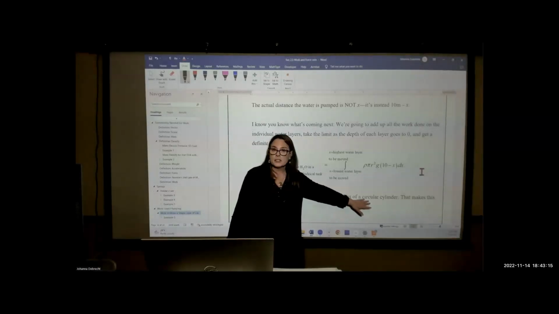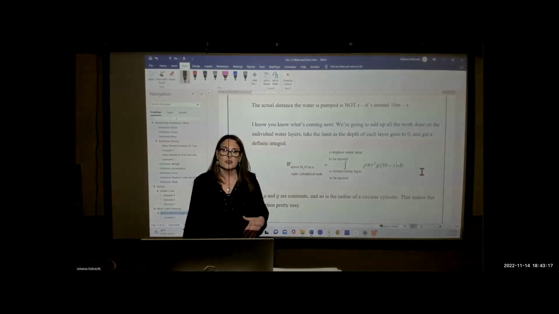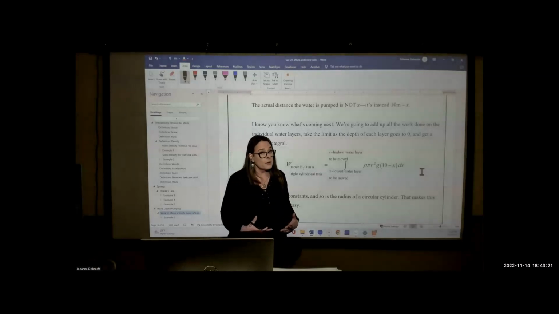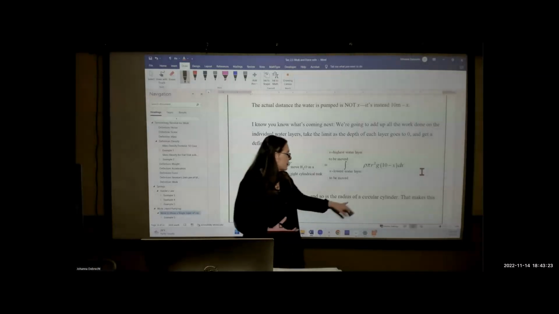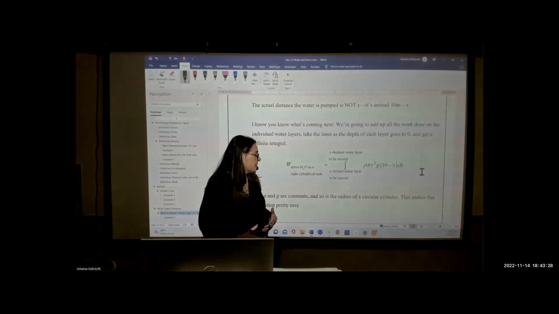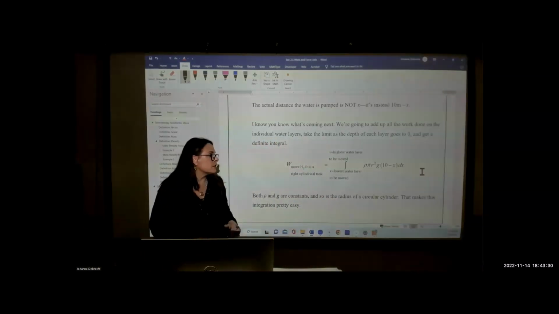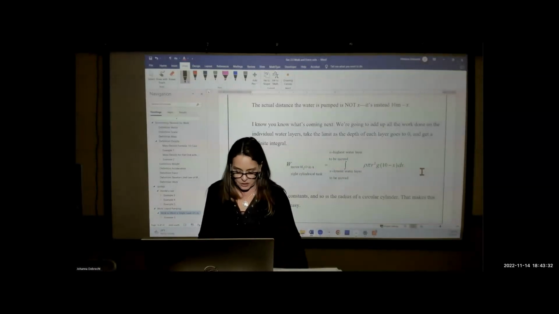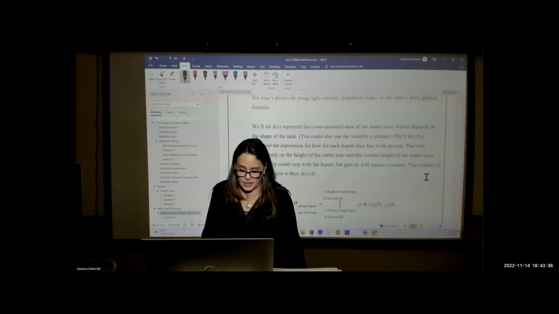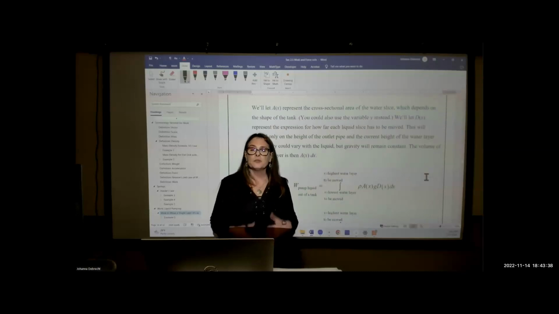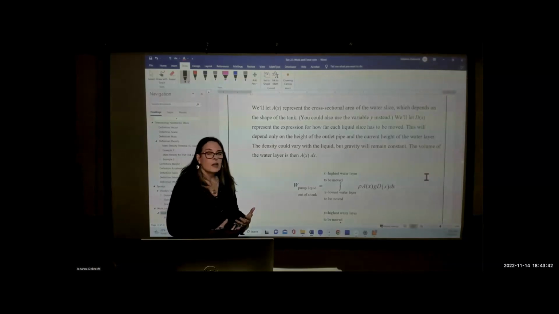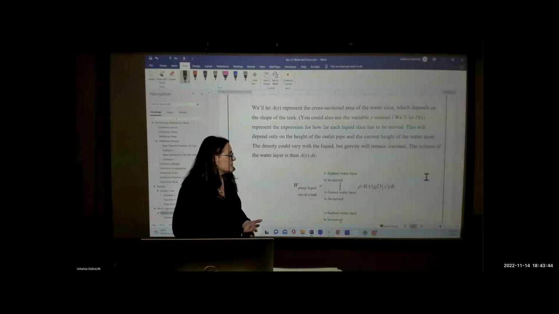And in our case, because it's a circular cylinder, the radius is always a constant as well. That's not always going to be the case. Sometimes the radius is going to depend on something else, and we'll have to take care of that. So in this particular case, it's going to make the integration relatively straightforward, right? We need a more general formula because we're not always going to have circular cylindrical tanks where the radius is always the same.